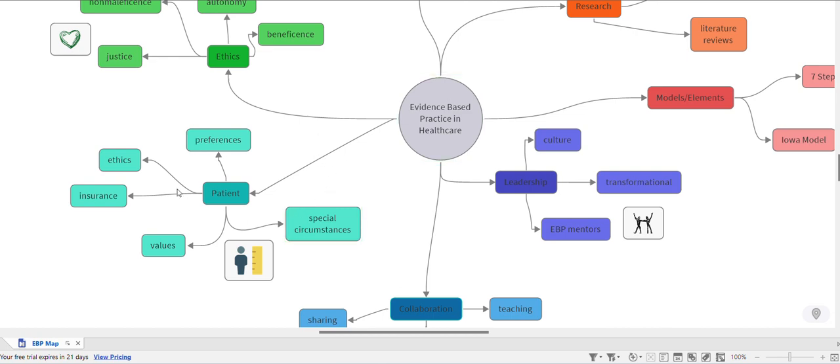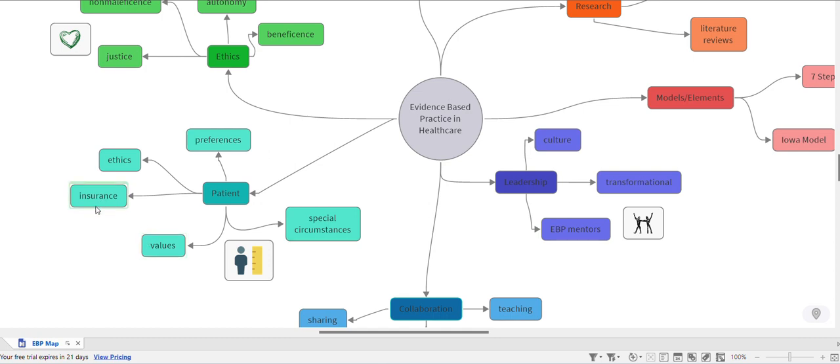The next thing that flows into evidence-based practice is the patient. Patients are the number one consumer of healthcare, so getting their opinion is important, and the patient should always be the center. When practicing evidence-based practice, you must take into account the patient preferences, the patient's own code of ethics, the patient's values.